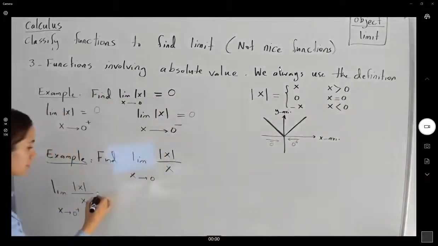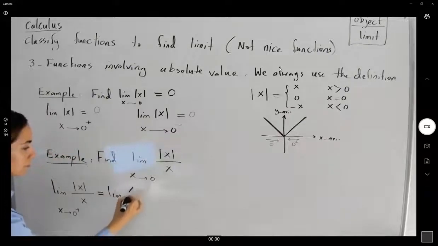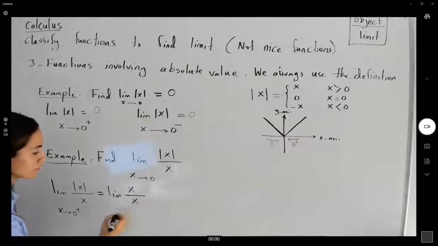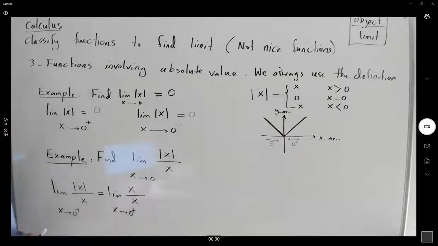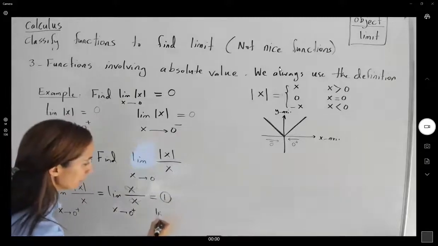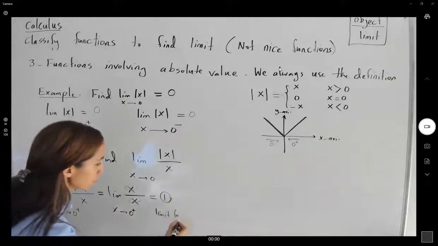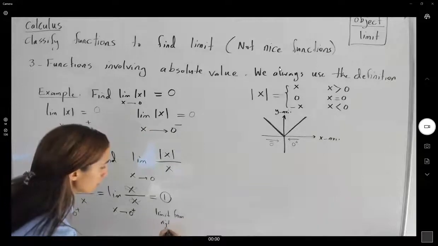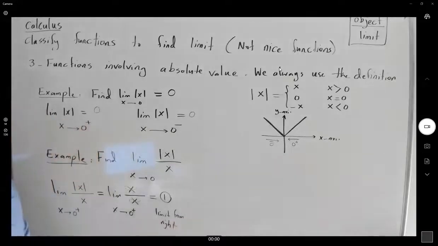It is x divided by, we copy down whatever is on the denominator, x, as x approaches to zero from right. Of course, you can cancel out x and x. They're the same factor. What's left? 1. Limit from right is 1.